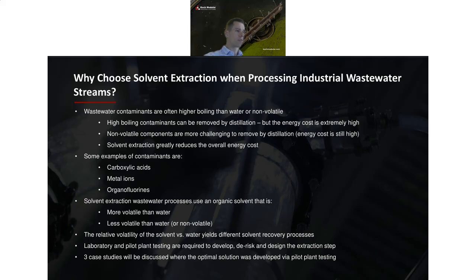Solvent extraction wastewater processes typically use a solvent that's either more volatile than water, less volatile than water, or non-volatile entirely. That difference in volatility versus the organic solvent yields different recovery processes.